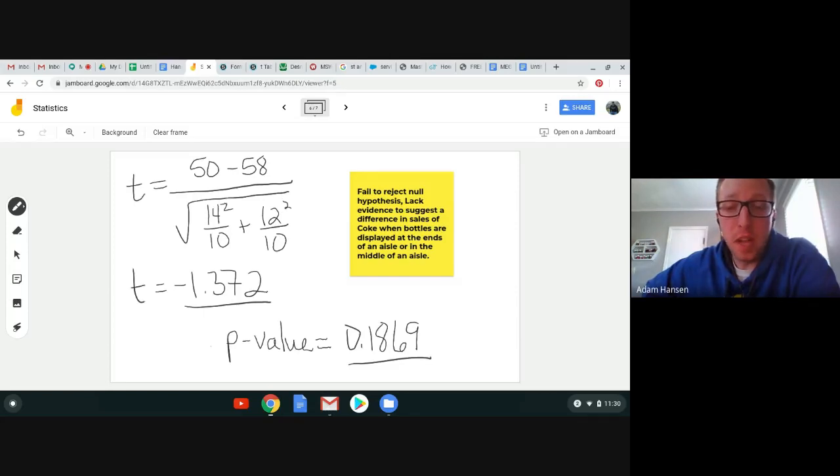Our p-value is higher than our significance level. We only want to reject a true null hypothesis 5% of the time. This would be greater than that, so we lack statistical evidence. If the Coke bottle sales were the same, no matter where they were displayed, I would find a sample such as mine 18.69% of the time. So not uncommon enough for us to reject the null hypothesis.